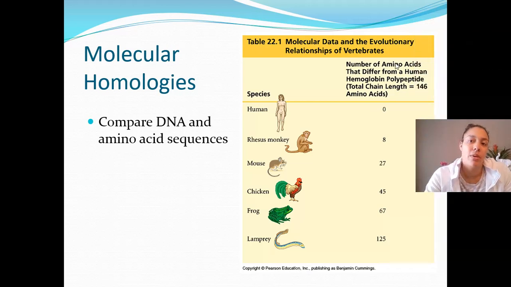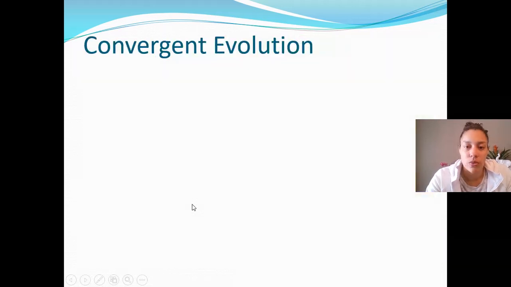We can see the number of differing amino acids between each of these organisms as they compare to a human. So that's what we're looking at, and the whole total chain length is 146. There are some similarities even with the lamprey, or the jawless fish down there, with humans, which suggests that there must be some sort of common ancestor to have these similarities, but also kind of gives us unique traits for those differences. Okay.